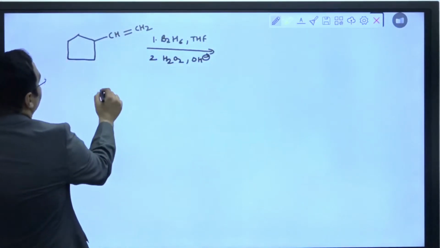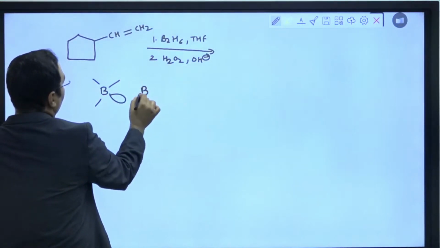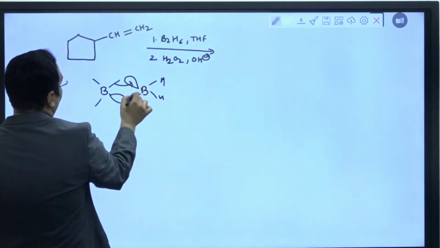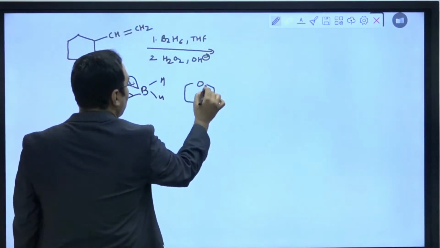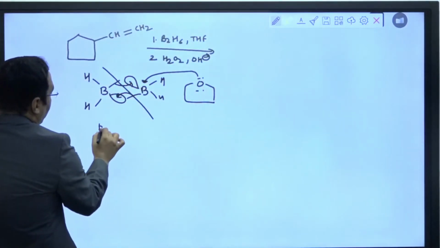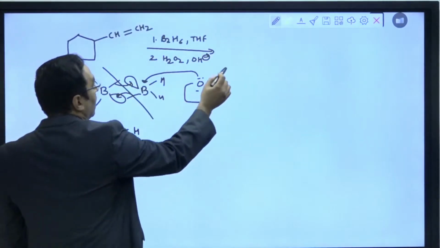Draw the full mechanism, like BH, break it as BH3. Use THF, give it support, break this out, BH3 will be ready, delta minus, delta plus.